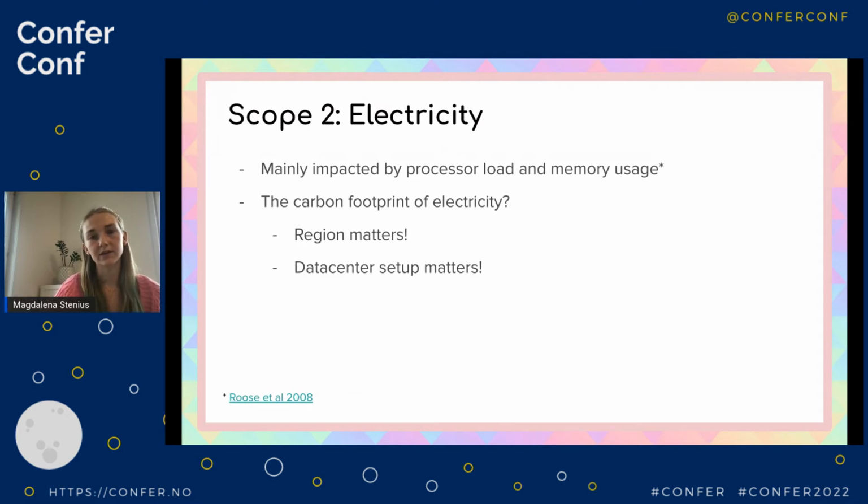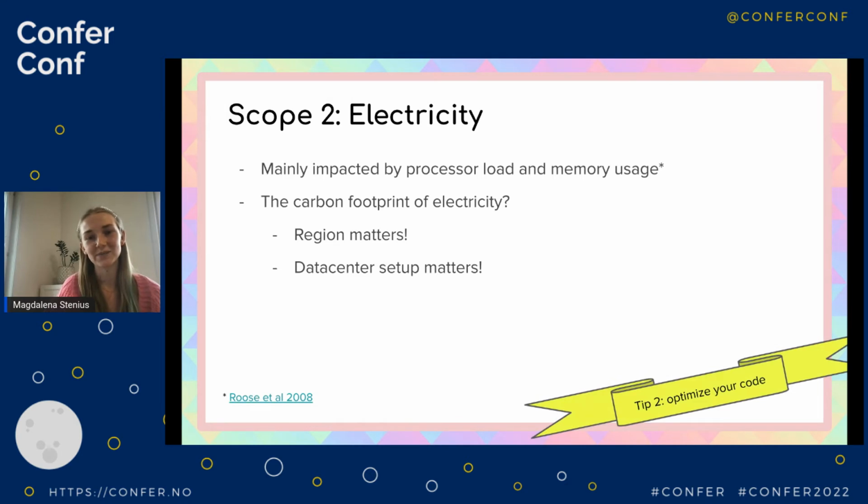So let's start by looking at Scope 2 of this way of measuring, the electricity consumed by the data center. Compute electricity is mainly impacted by the processor load and memory usage of an application. And what else matters when measuring the electricity of especially data centers is that the region in which the data center is located, as well as the data center setup, really matters.